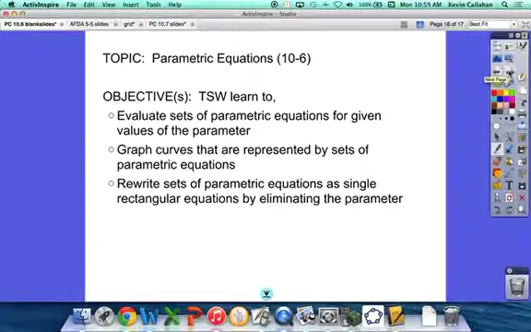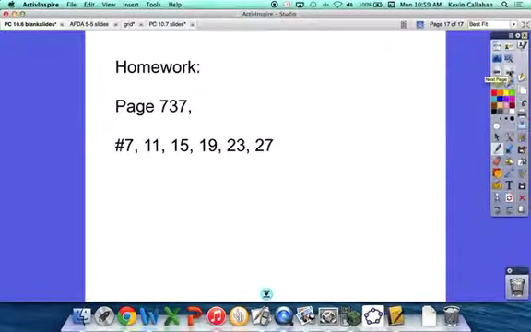We graphed the curves, the plane curves. And then we eliminated the parameter. That's it. So all of these say graph and eliminate the parameter. So I would do the table of values for t, x, and y, and sketch the graphs, and then eliminate the parameter.